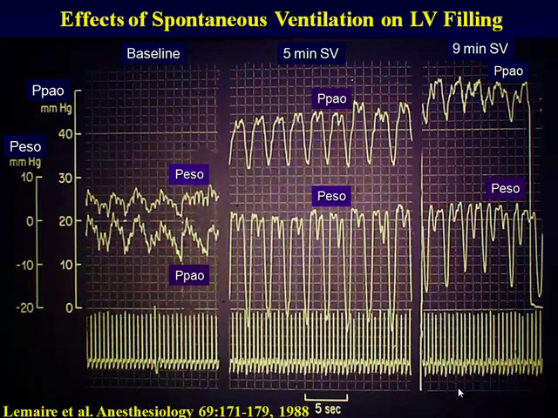Now I'm going to tell you tomorrow that pulmonary occlusion pressure is an inaccurate measure of left ventricular performance, but it's a darn good measure of capillary pressure for pulmonary edema. And trust me, 42 millimeters of mercury for pulmonary artery occlusion pressure is very high. At 9 minutes, it's up to over 50, and there are agonal respirations.